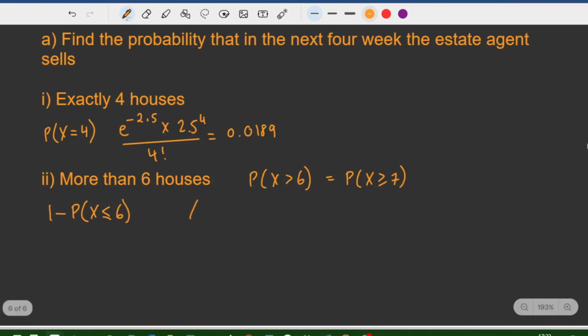And using the calculator, where lambda is 2.5 and the upper limit is 6, you can find that the probability of x is less than or equal to 6 is 0.1301 to 4 decimal places. So 1 subtract 0.1301 gives us the probability 0.8699 to 4 decimal places, which gives us the probability of more than 6 houses.